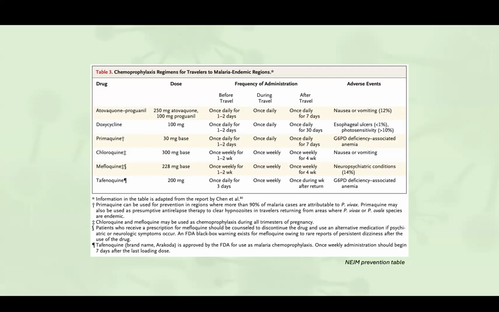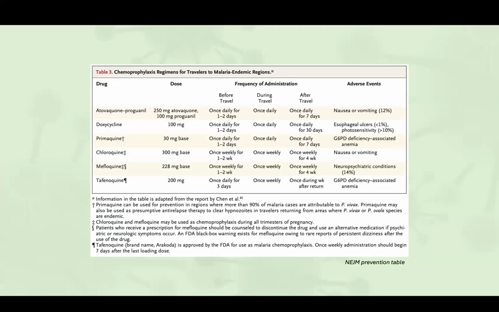So this table displays the common medication options, such as atovaquone-proguanil, which is a daily medication that you stop 7 days after return. And it's pretty well tolerated. However, you need to avoid it in pregnancy and severe renal disease. The other medication is doxycycline, which is also a daily medication, but you continue it 30 days after return.